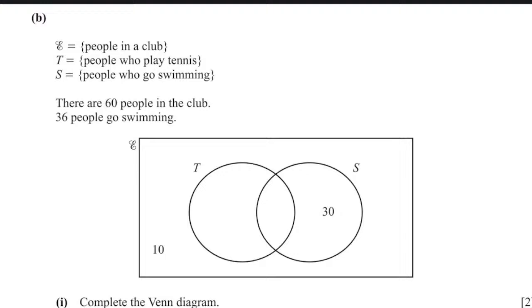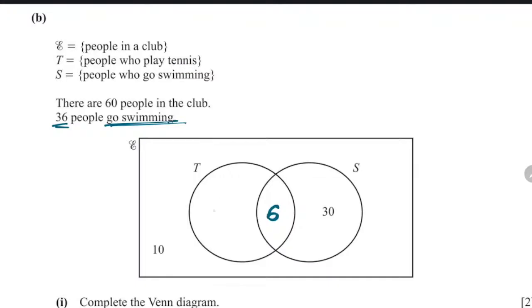Then they'll tell you the number of people that go swimming. Can you see they told you? The number of people that go swimming, how many are they? 36. And 30 do swimming alone, which means the other 6 are here. They do both tennis and swimming, okay?